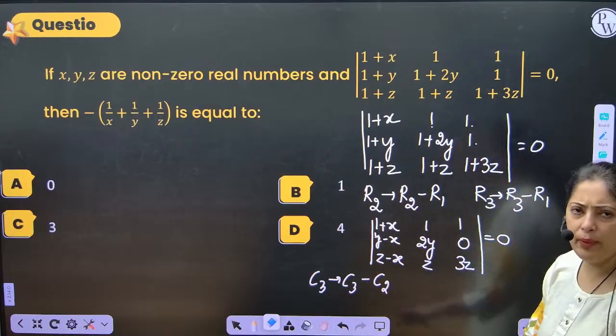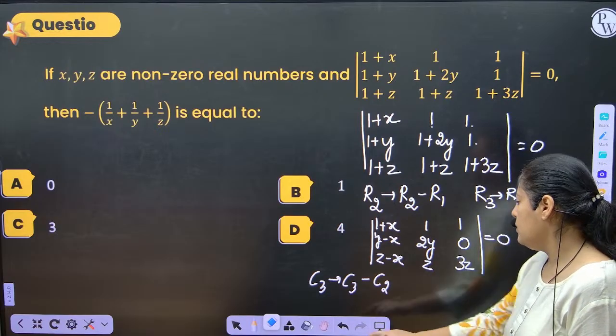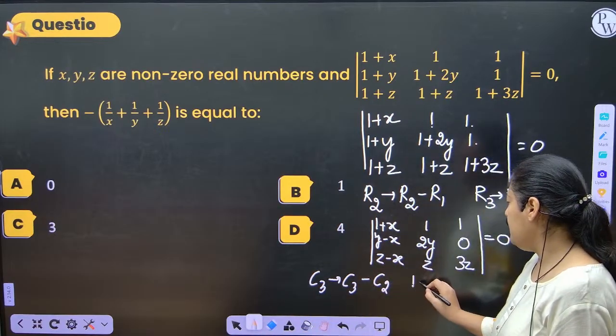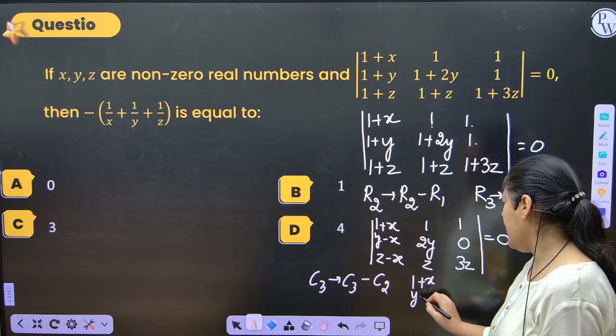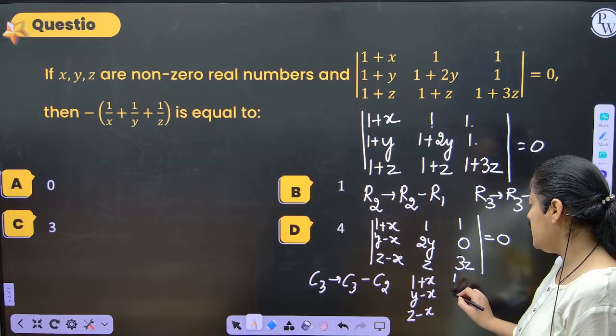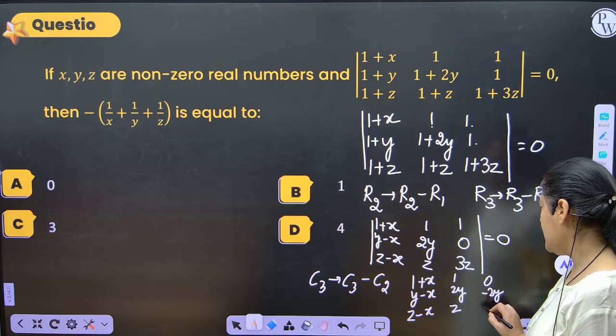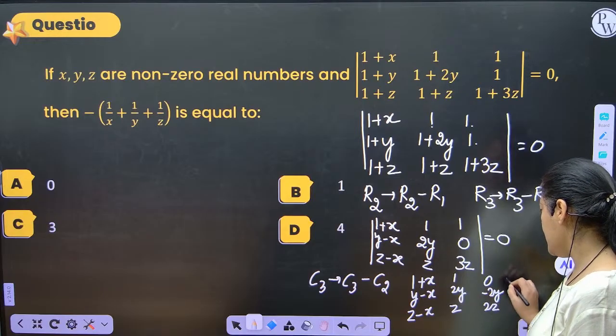But from here also you can expand, no issues. So 1 plus x as it is, y minus x as it is, z minus x also as it is, 1, 2y, z as it is. This will become 0, this will become minus 2y and this will become 2z.